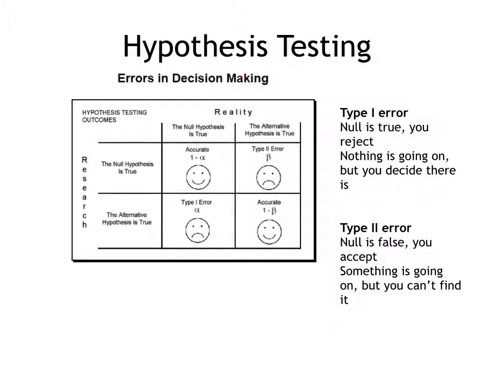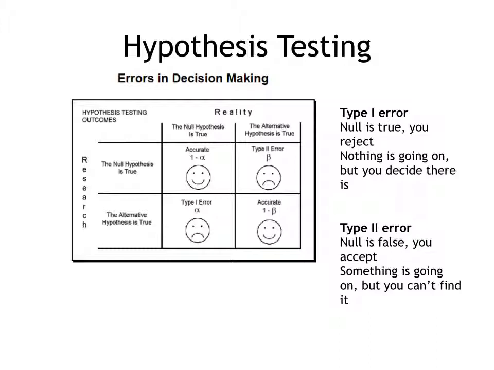Now, you'll read about type 1 errors and type 2 errors. So flag this chart if you need to, okay? What we're talking about is what kind of error we're taking a chance of making. And they kind of go against each other.